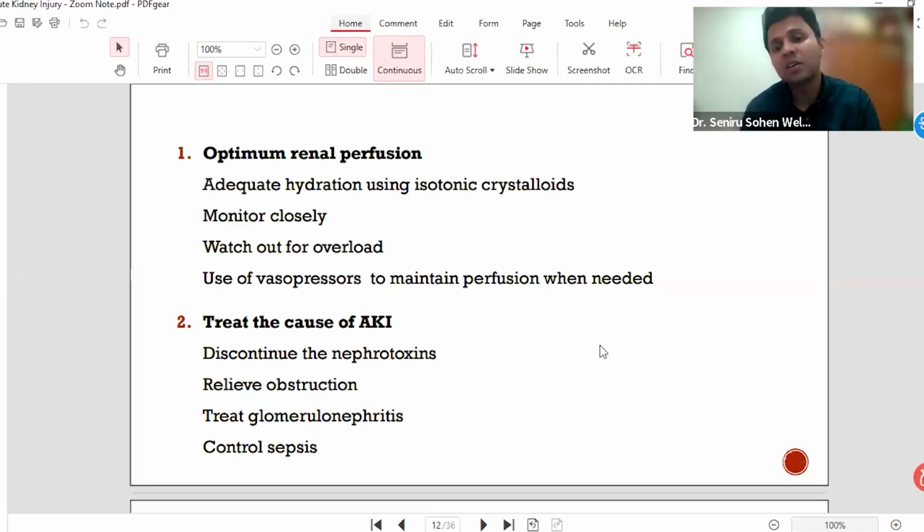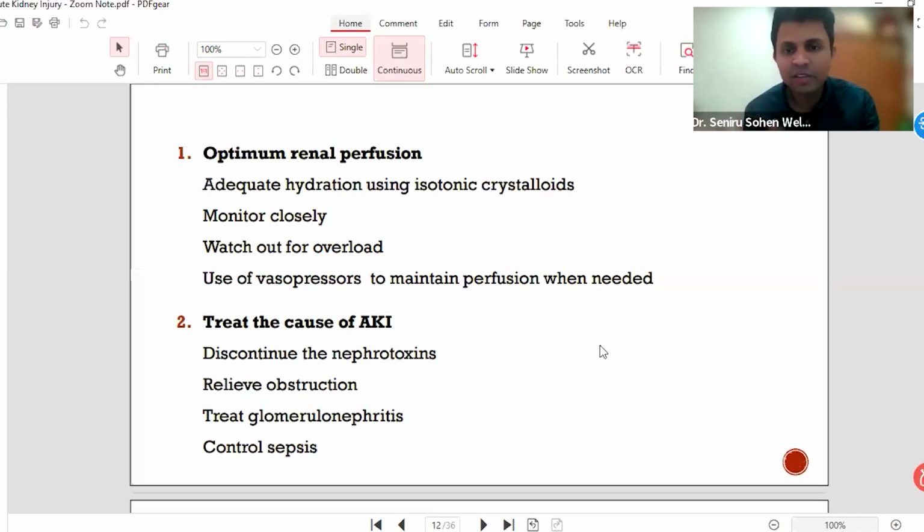Here, bolus doses are not necessary. So you would tend to go for an input of around 1 to 1.5 liters per day if the patient is having a significantly measurable urine output. But if the patient is having anuria or very low urine output, giving even this much fluid can be problematic. So if you are calculating the 24-hour input requirement, we tend to go for the previous day's 24-hour urine output plus 500 ml to balance out the insensible losses.